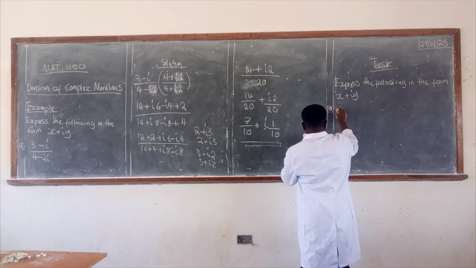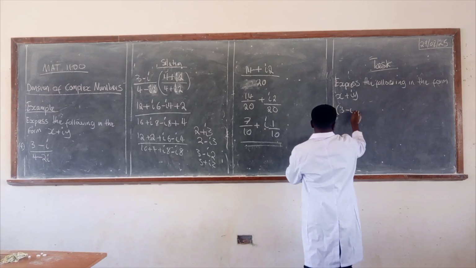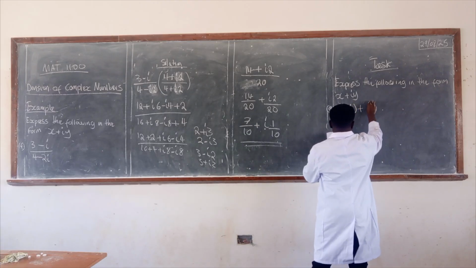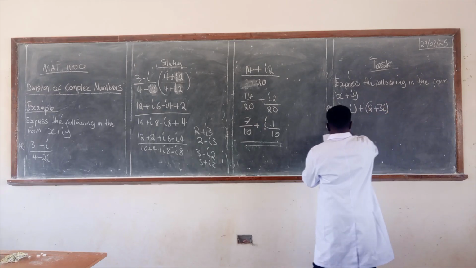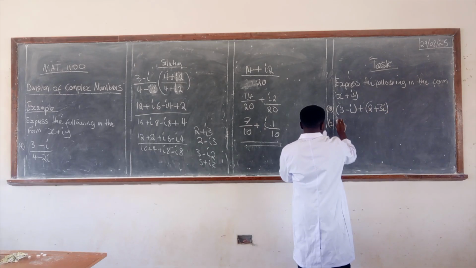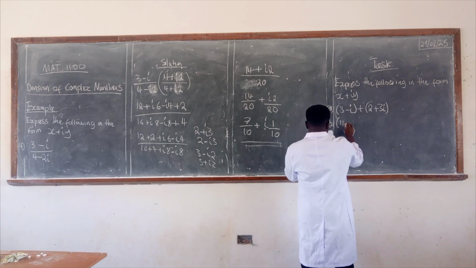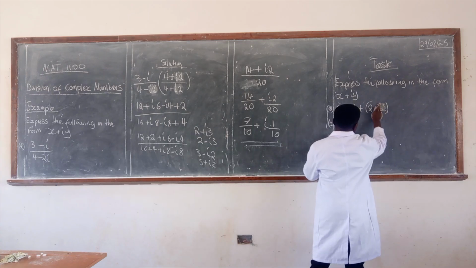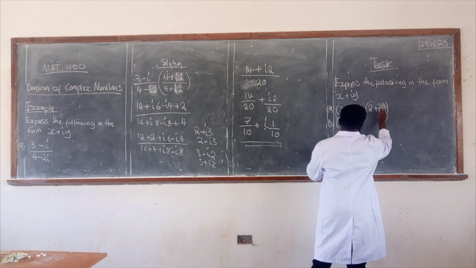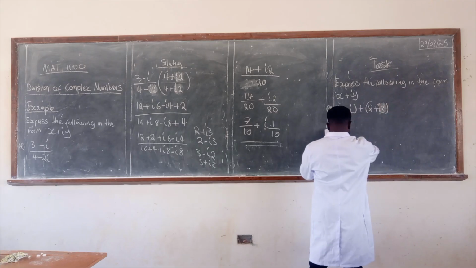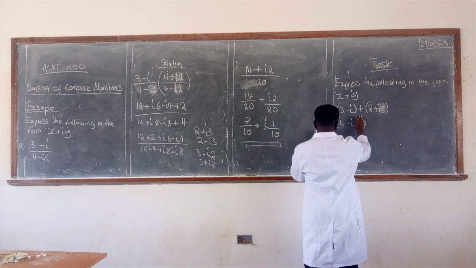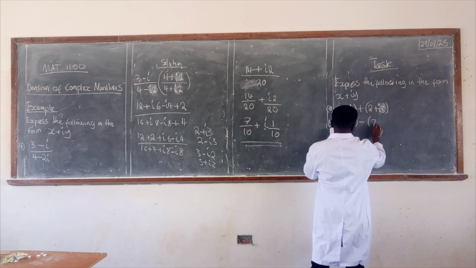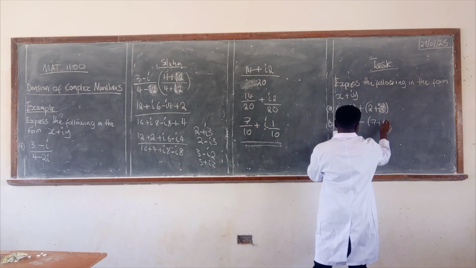A: 3 minus i plus 2 plus 3i. B: i3 ... then 4 minus i times 7 plus i.